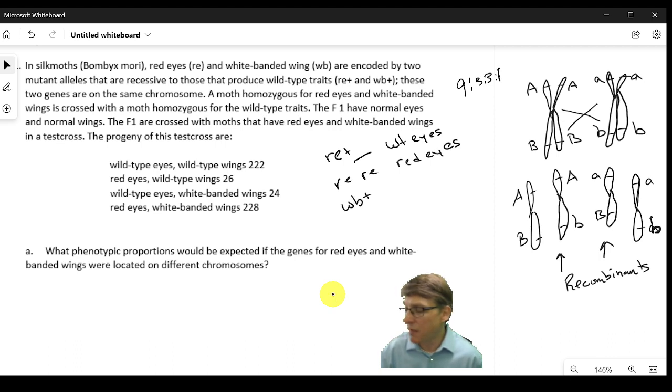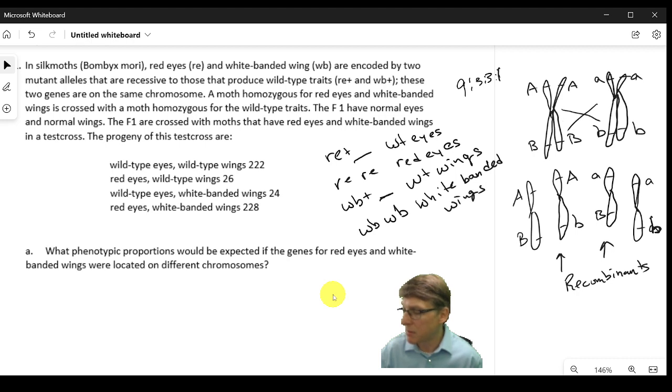And if you have the white banded wild type allele, which is WB+, the plus indicating the wild type or normal allele, and you have any other, whether it be WB+ or WB, you're going to get wild type wings. WT just stands for wild type or normal. Then if you get WB and WB, the recessive and the recessive, this is how you get the white banded wings.